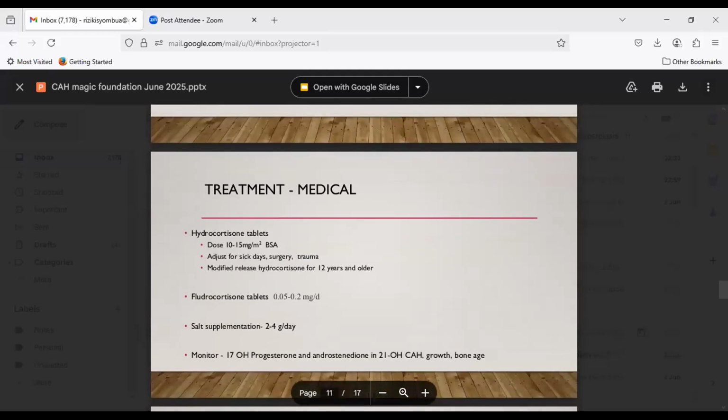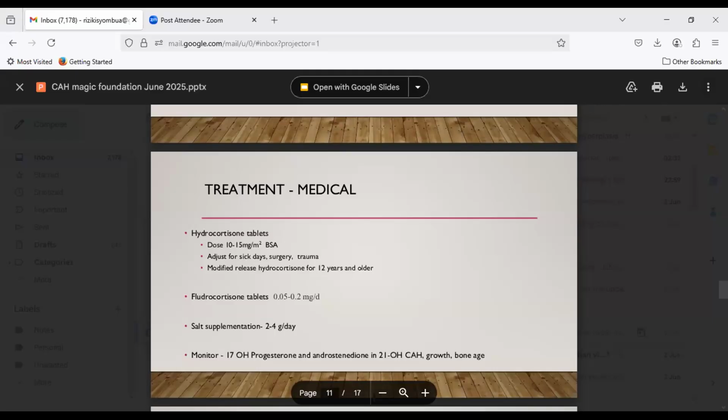In terms of treatment, hydrocortisone is what we use. Remember, we say the disease is a deficiency or inability to secrete cortisol. So hydrocortisone would stabilize, and the way it works is that once you replace the cortisol, you'll also send a feedback mechanism to the pituitary and hypothalamus, and the ACTH levels will go down, and therefore the excess production of the androgens will subside.